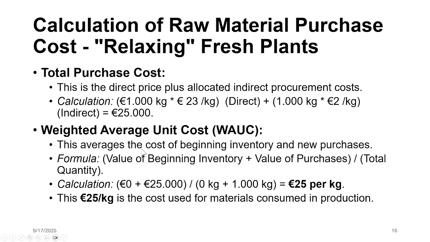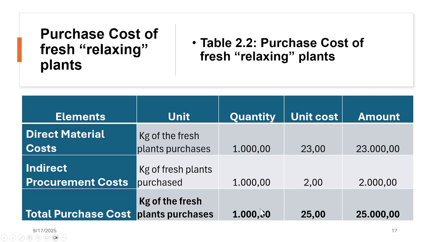In the second step, you can use the weighted average unit cost, but here we don't have a stock, so the price will be the same. We use 25 euro per kilogram as the cost for materials consumed in production. So here is table number 2, and you can see the purchase cost of fresh relaxing plant.